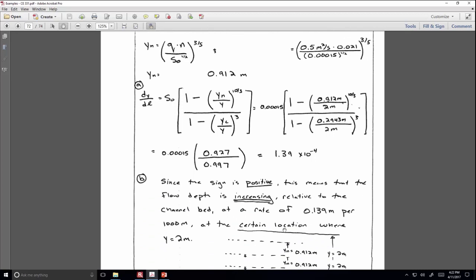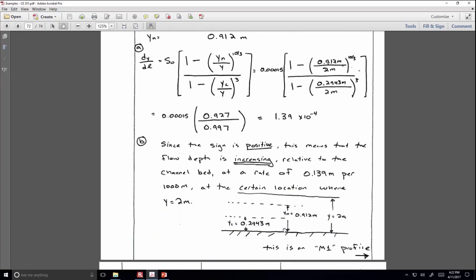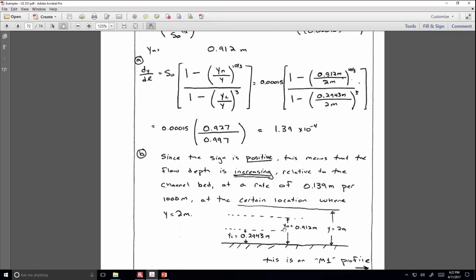Now the interpretation of that is that the flow depth is increasing in the direction of flow. And every 1,000 meters the water depth would be increasing by 0.139 meters. And that's relative to the channel bed so far. It's not until part C that we find out relative to horizontal how things are different. So dy/dl is just saying, relative to the bottom of the channel, is the depth increasing or decreasing?